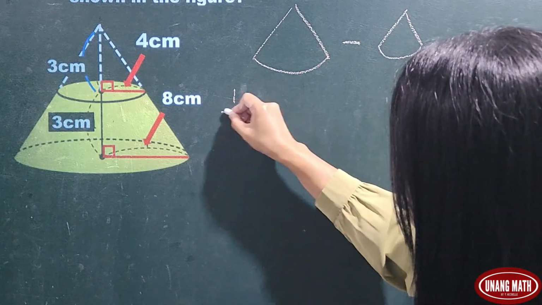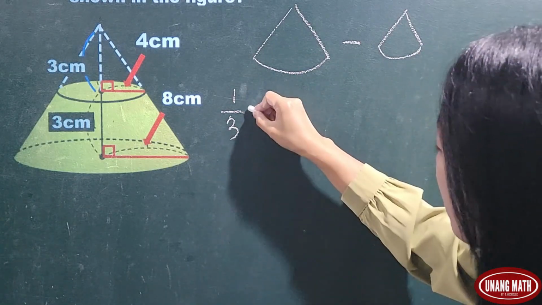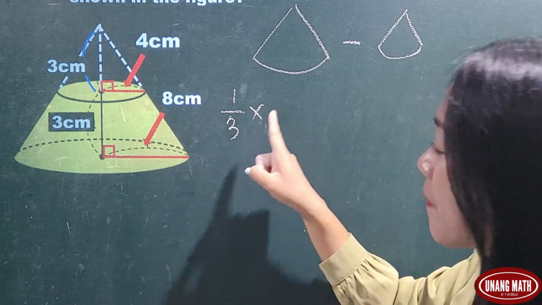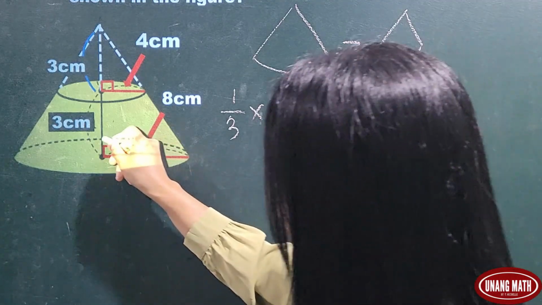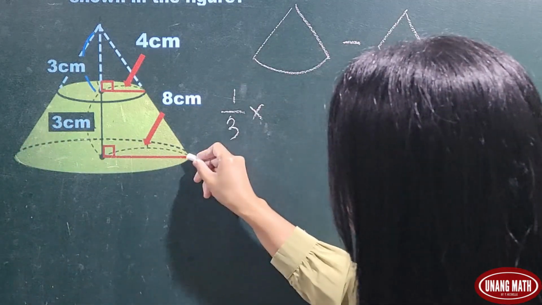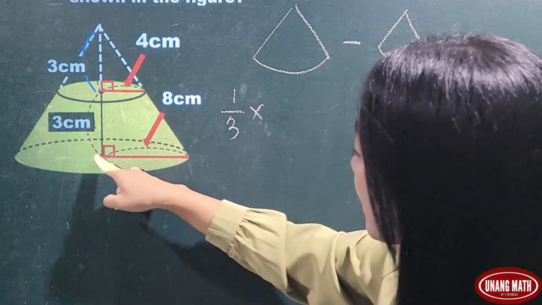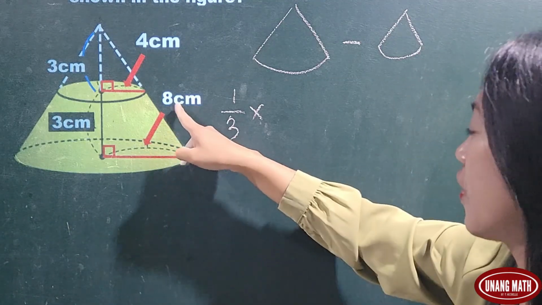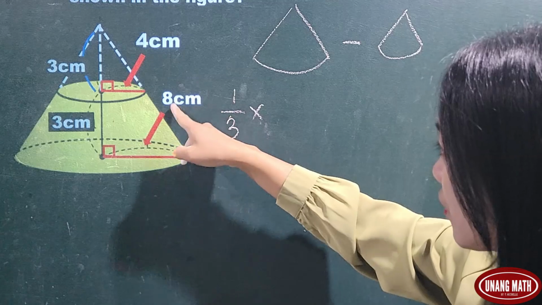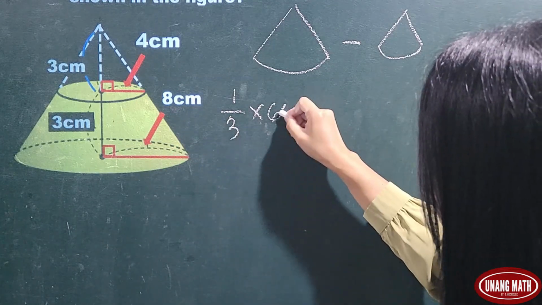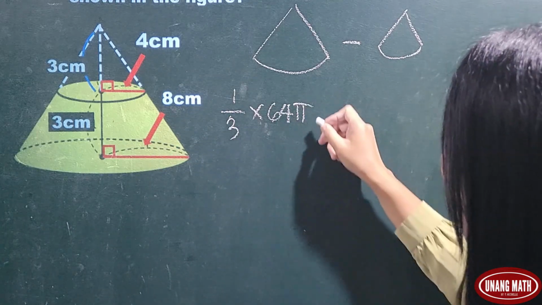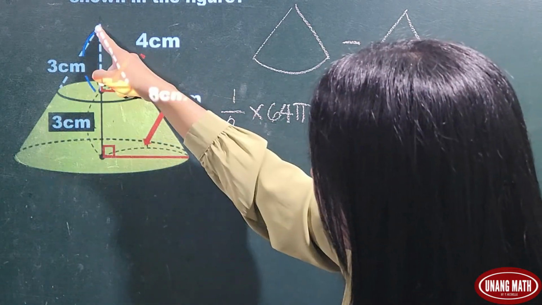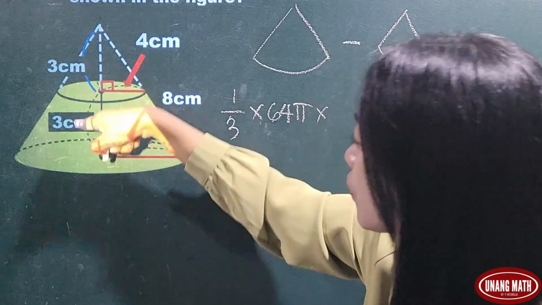So first, the volume of this bigger cone. This is 1/3, and we have to multiply the area of the base. So what will be the area of this base? Since the radius is 8 centimeters, it's going to be 8 squared, so 64. So this is 64 pi, times the height of this cone, which is 3 and then 3, so 6.